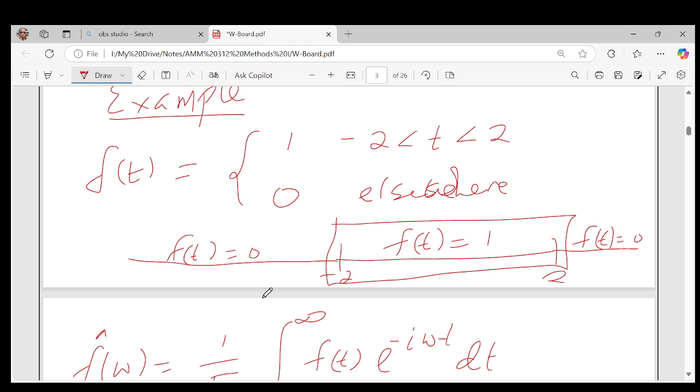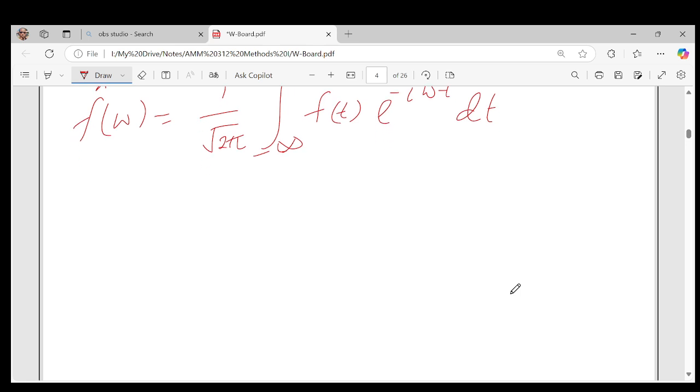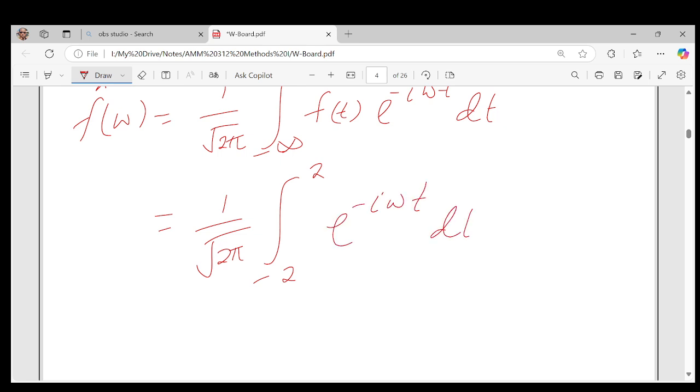Where the function is 0, we integrate 0 to get 0. So we concentrate on this section where the function is non-zero. So we shall write 1 over the square root of 2 pi integral from -2 to +2 e raised to power negative i omega t dt. Notice that f of t is 1, so we just have 1 times this, which is the same. So we get 1 over the square root of 2 pi.